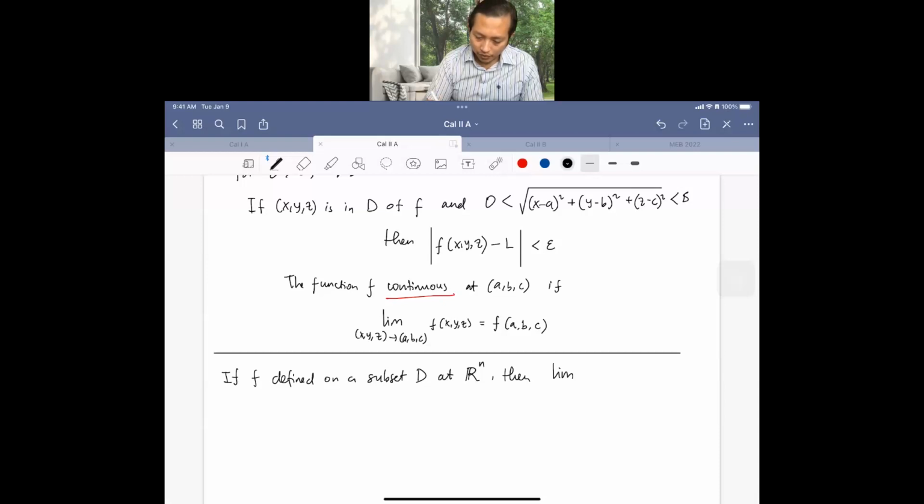So let me write with bold x like this, approaching bold a like this. It's not one point. It means that it can be more than 3, more than 4. Okay.